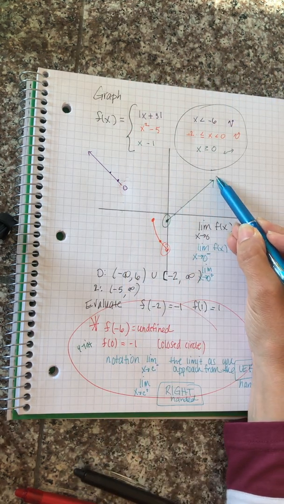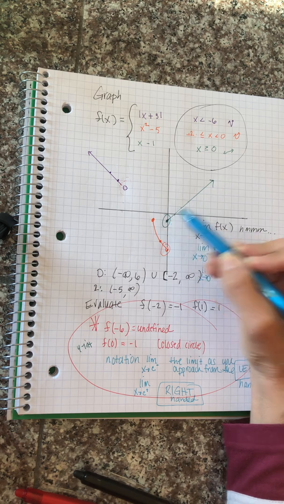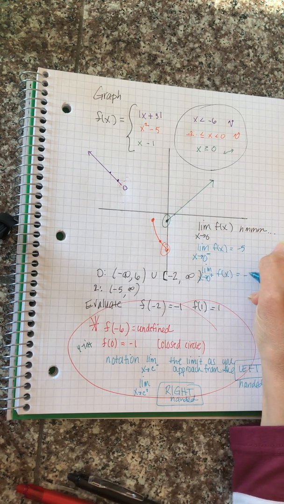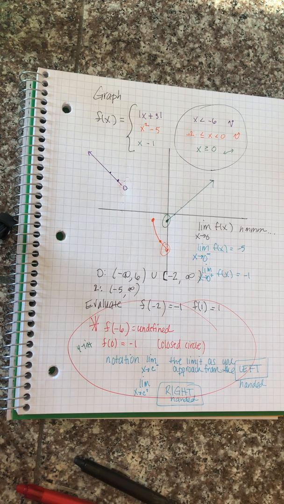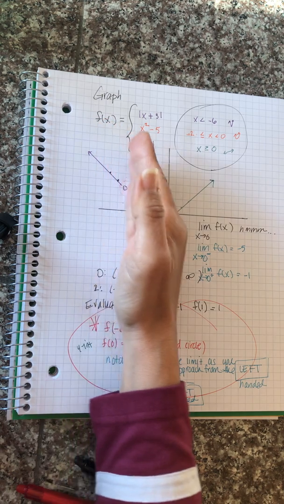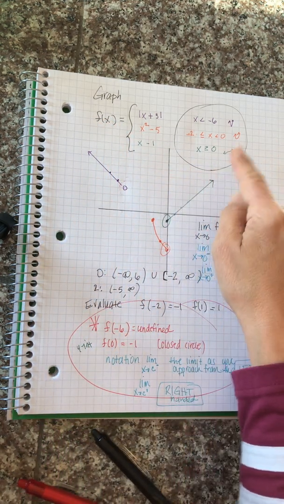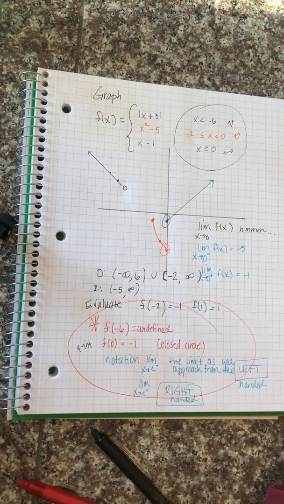And as I approach 0, I'm approaching negative 1. What's the overall limit? If I'm coming from the left, I'm approaching negative 5. If I'm coming from the right, I'm approaching negative 1.